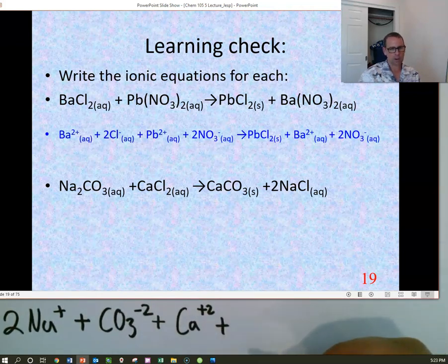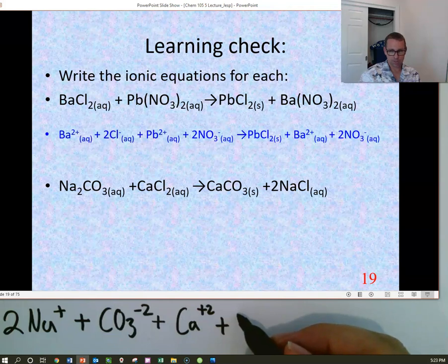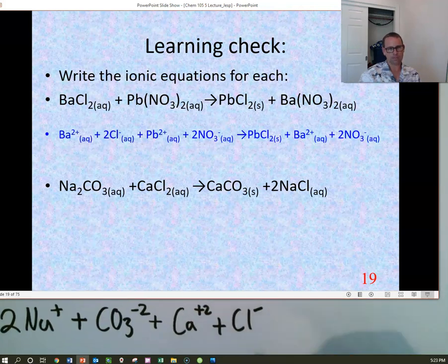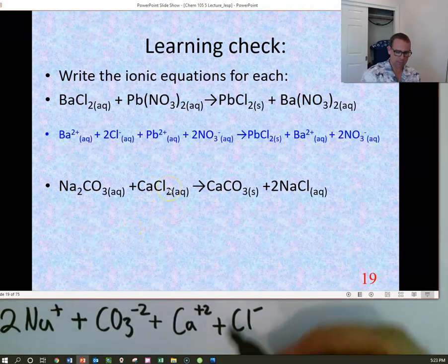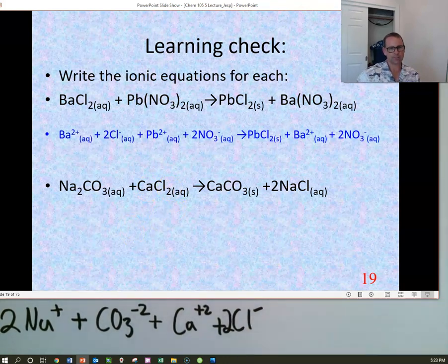And then how many chloride ions? Oh wait, no, I'm wrong. Chloride is element 17 on the periodic table. It has a minus 1 charge. But that 2 down there tells me that I have 2 of them, 2 of the chloride ions.